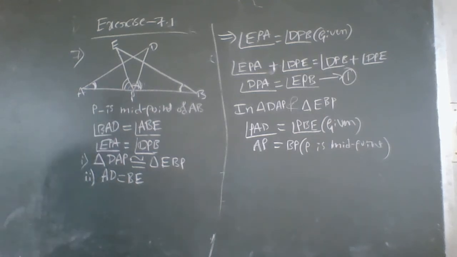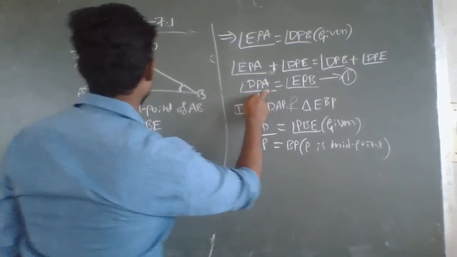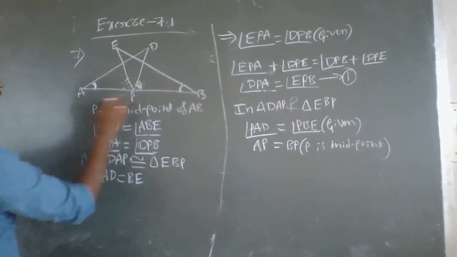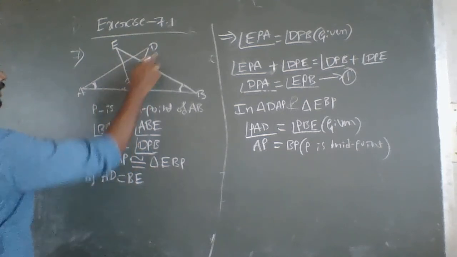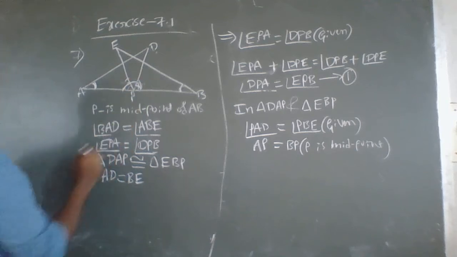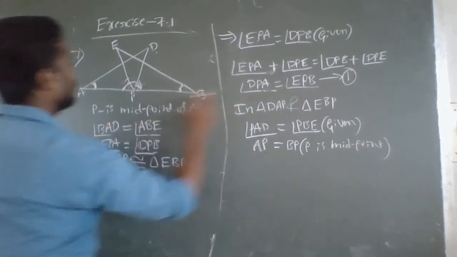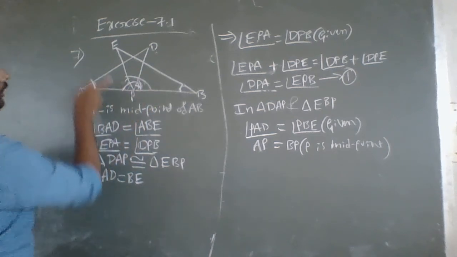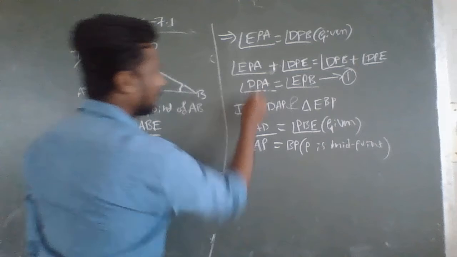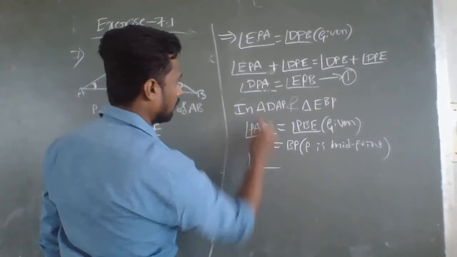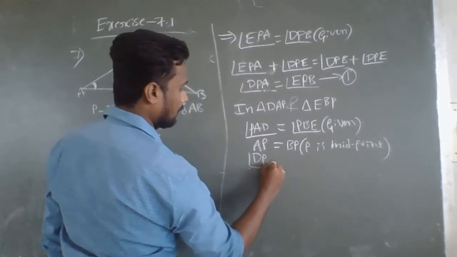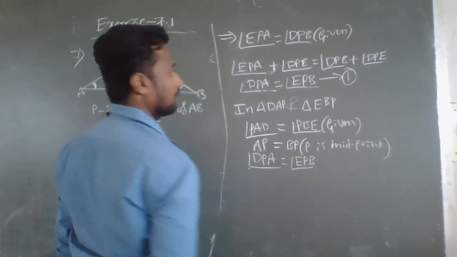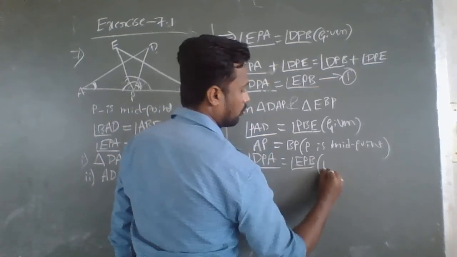So now again, angle DPA, this angle of triangle DPA, is equal to angle EPB, this angle of triangle EPB. So here I will write, from 1 what we got, angle DPA is equal to angle EPB from 1.